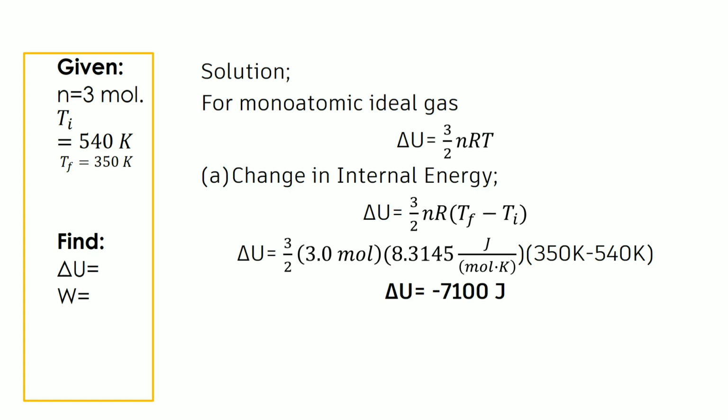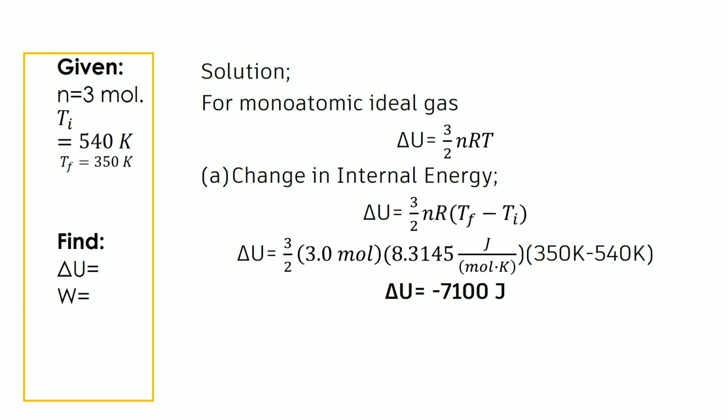So our change in internal energy is equivalent to 3/2 multiplied by 3 moles of monoatomic ideal gas, multiplied by the universal gas constant in this unit, joules per mole Kelvin, that is 8.3145, multiplied by the difference between the final and the initial temperature of our ideal gas.